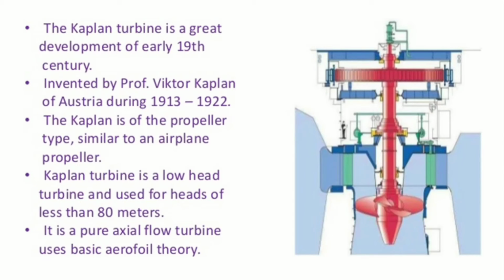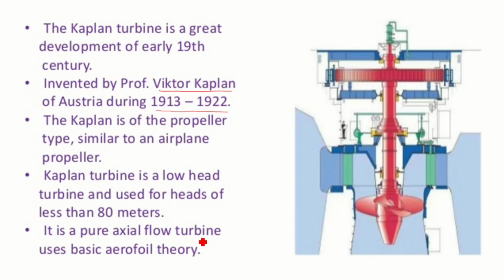The Kaplan turbine is the greatest development of the 19th century, and it was invented by Victor Kaplan of Austria during the years 1913 to 1922. The Kaplan is of the propeller type, similar to an airplane propeller. The Kaplan turbine is a low head turbine used for heads of less than 80 meters.